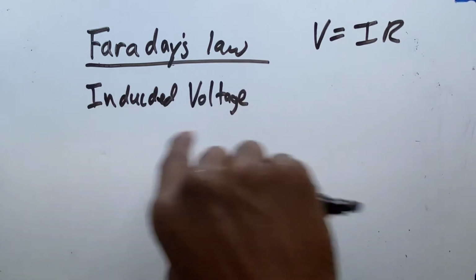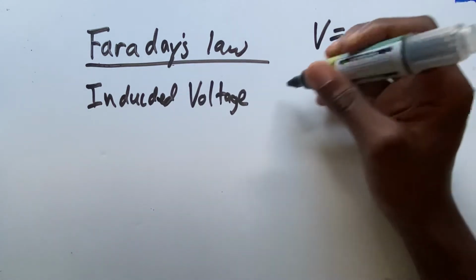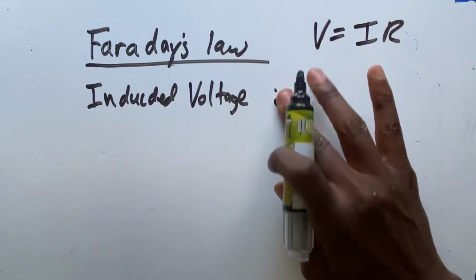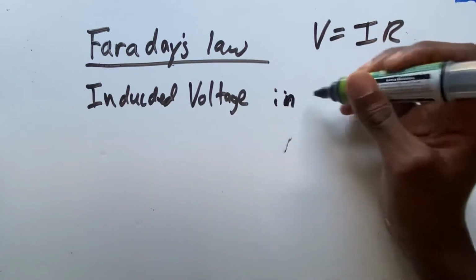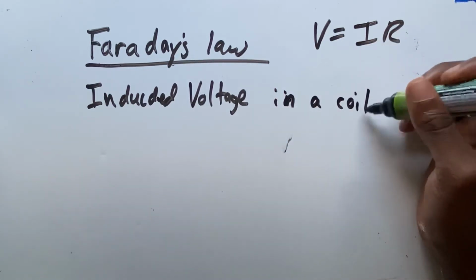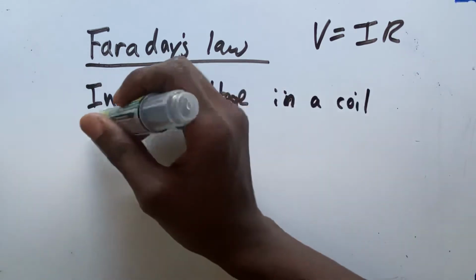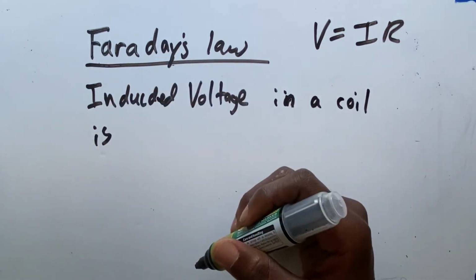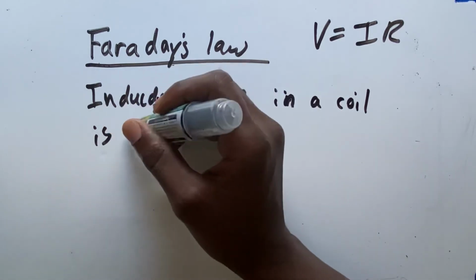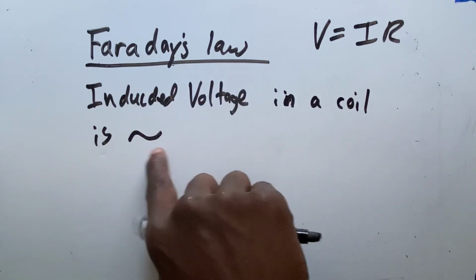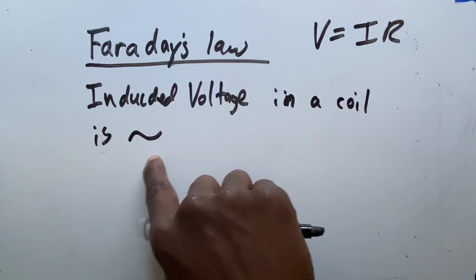And so it says induced voltage in a coil is basically proportional or related to, I'm going to use this little squiggly line for related.